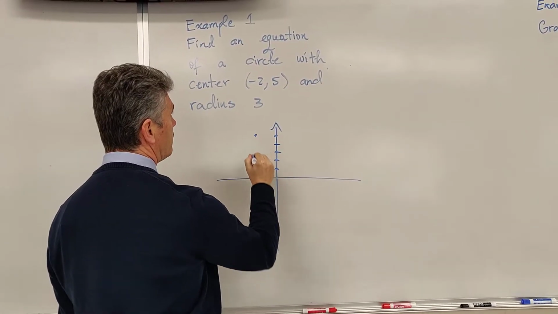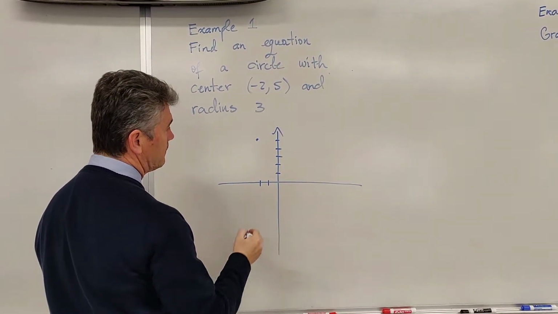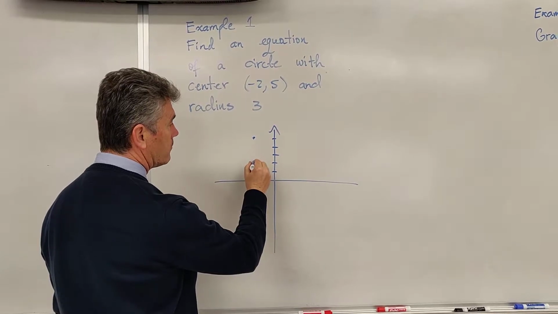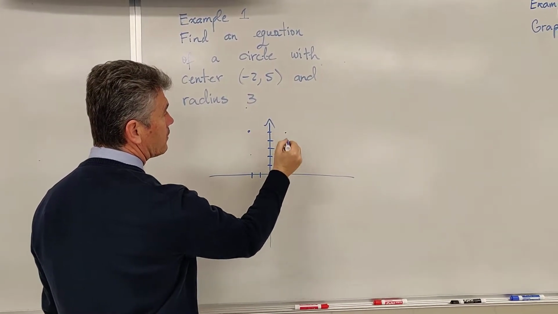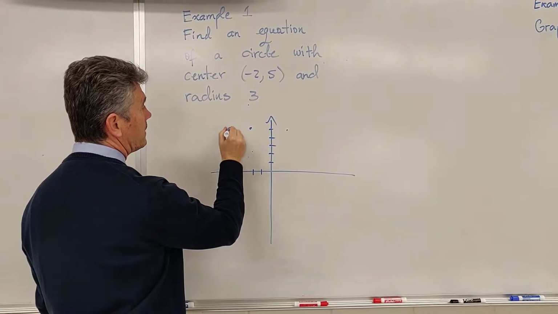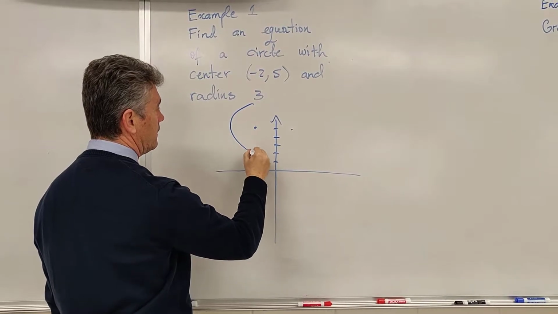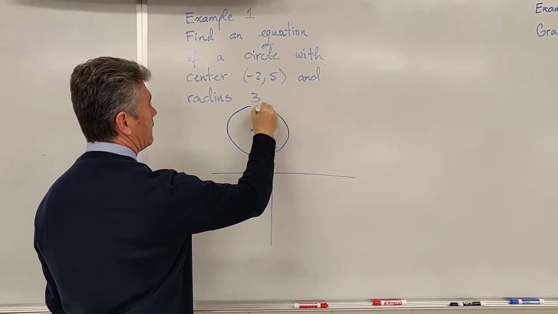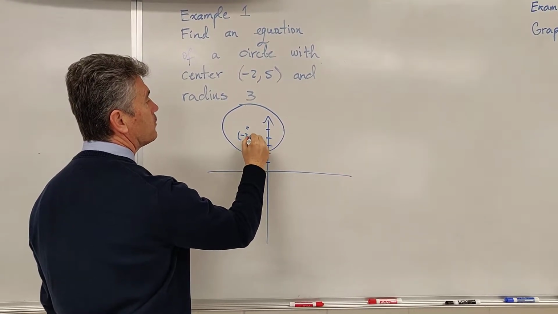We draw a point there. We notice that the radius is 3, so we draw the circle. We go 3 down, we go 3 up, we go 3 to the left and 3 to the right. And to the best of our ability, we draw a circle. So this point is negative 2, 5.